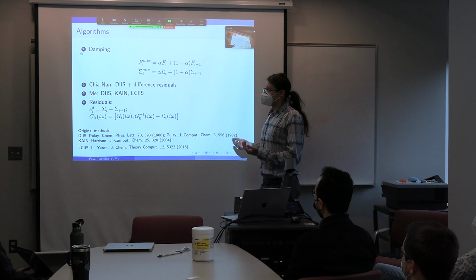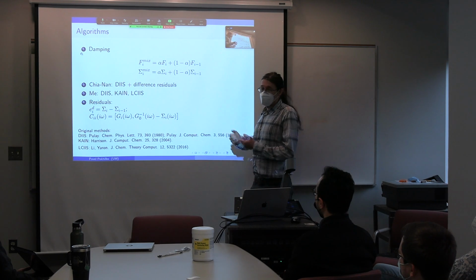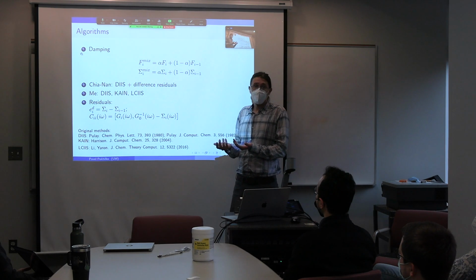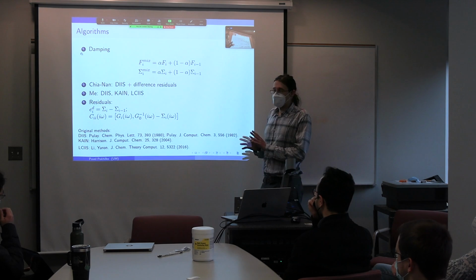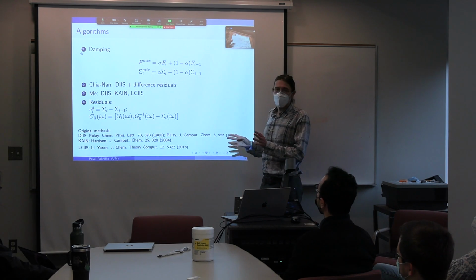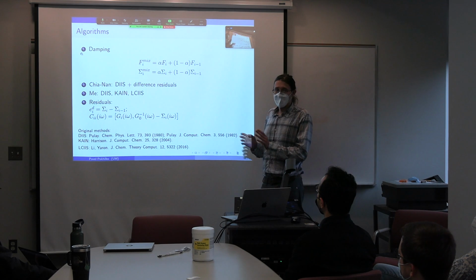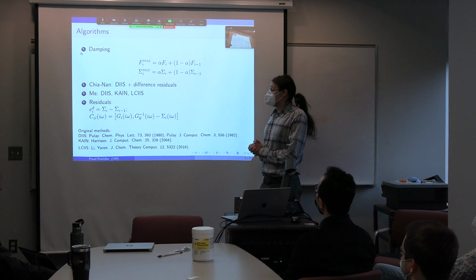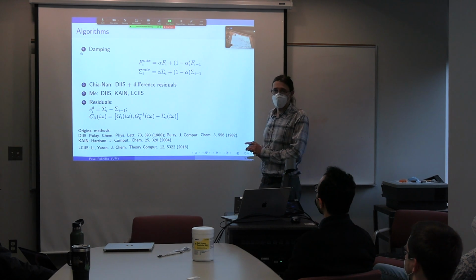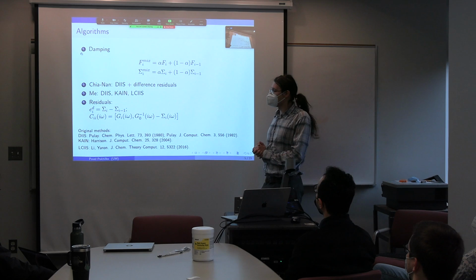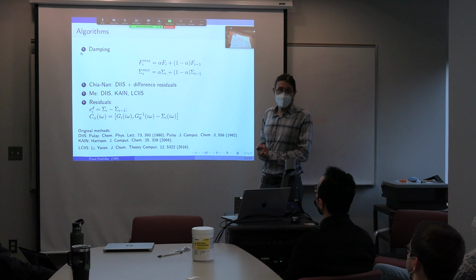So I implemented DIIS and several other algorithms in a completely general way that does not know anything about Green's functions. So it is just a general code that operates with vector algebra, and the advantage of that is that I can test it, for example, on linear systems or on some other problems, just to make sure that the algorithm is correct.